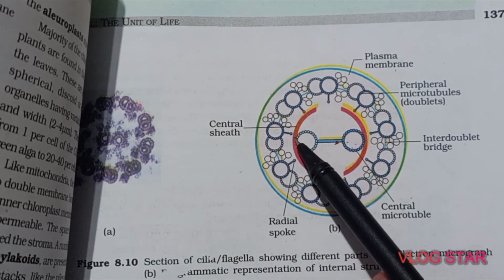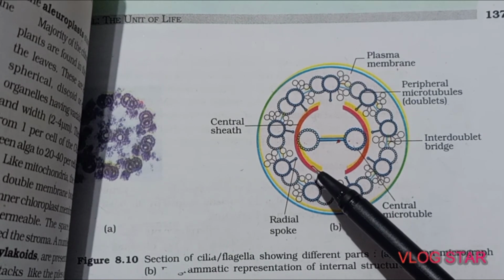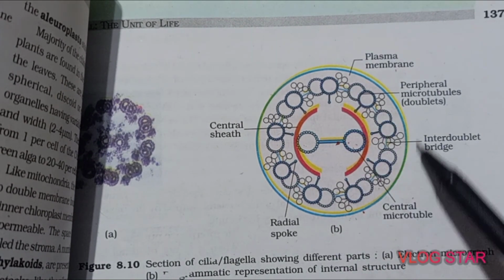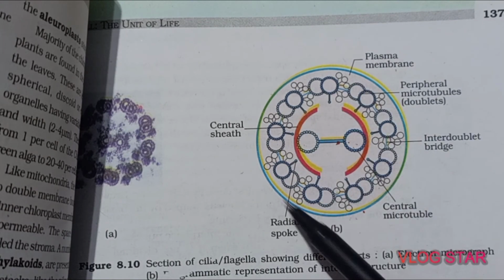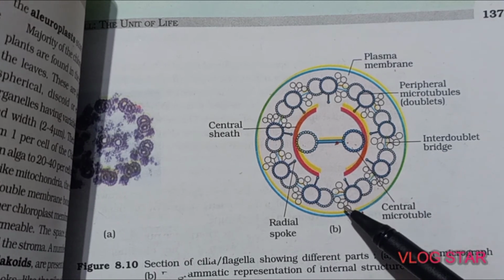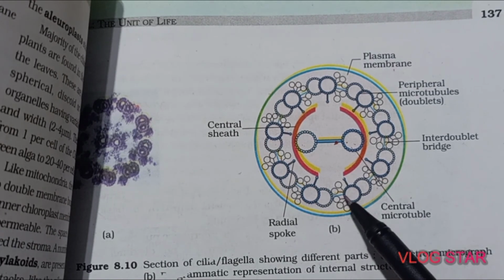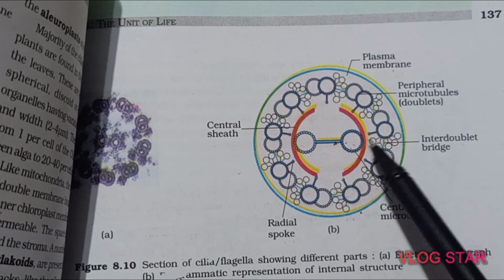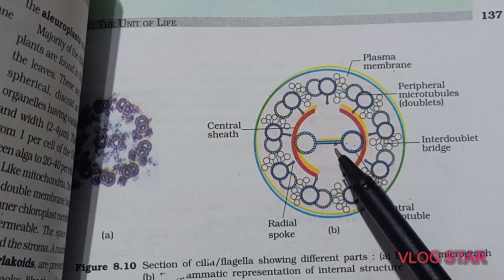And these centrally located two microtubules are covered by a membrane too, which is called central sheath. Fine. So, let us recall the points which we have discussed. The outermost structure of cilia and flagella is plasma membrane. The whole left portion is called axoneme. This axoneme consists of 9 doublets of radially arranged peripheral microtubules and a pair of centrally located microtubules.